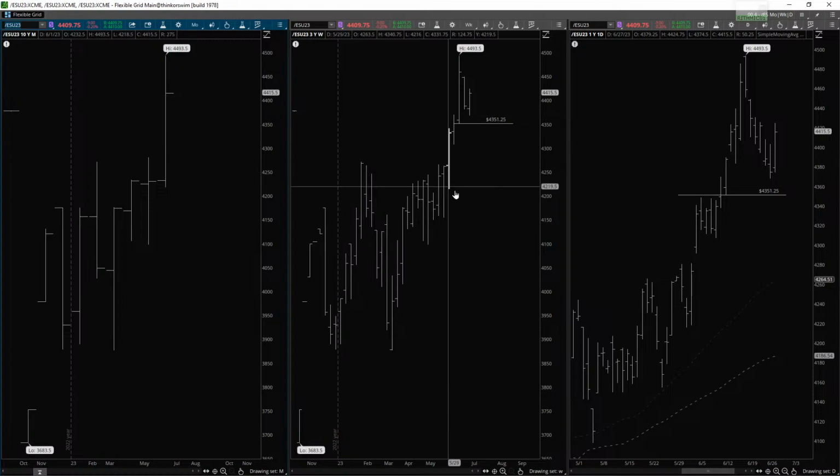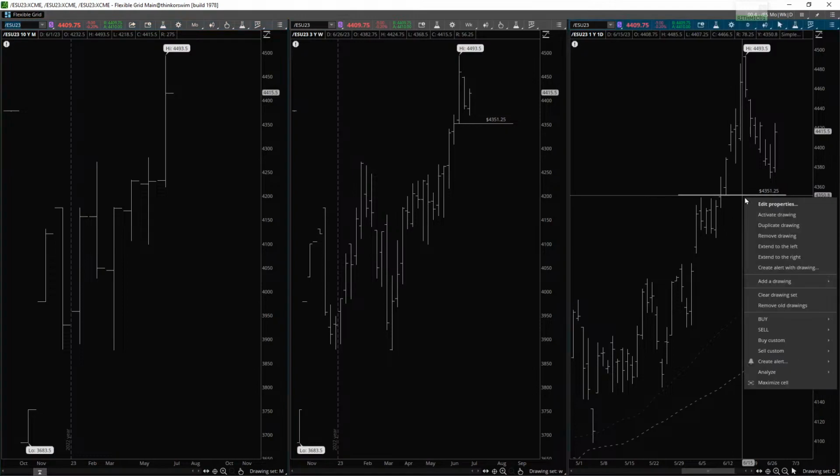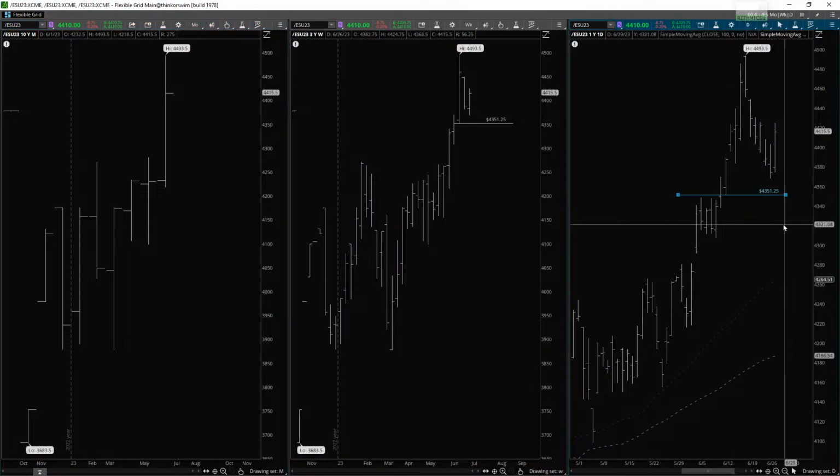There is something here in the daily time frame. What is this? This is a breakout here that's been tested.